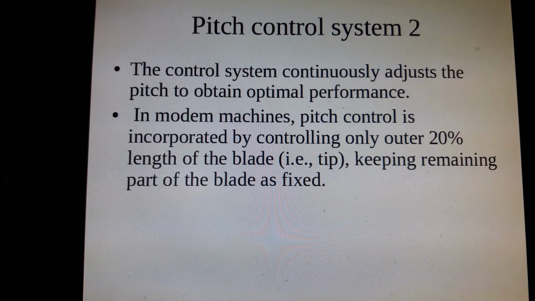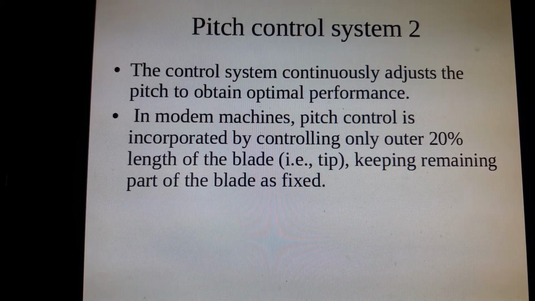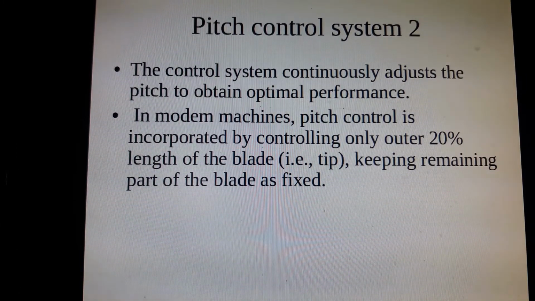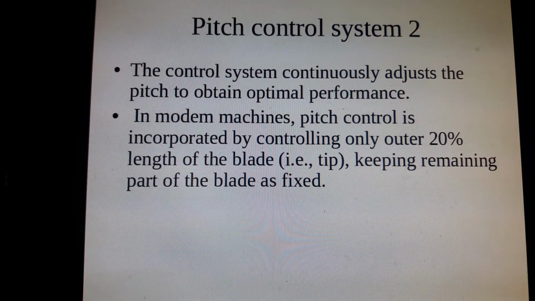The control system continuously adjusts the pitch to obtain optimal performance. In modern machines, pitch control is incorporated by controlling only the outer 20% length of the blade, that is the tip, keeping the remaining part of the blade fixed.